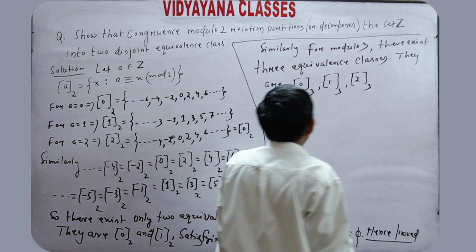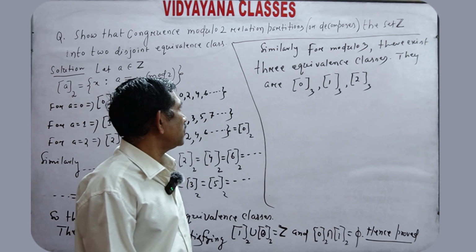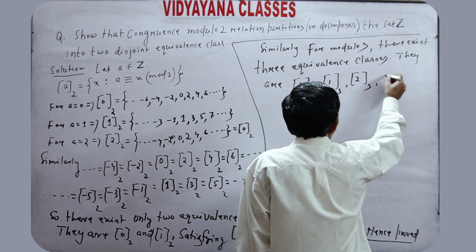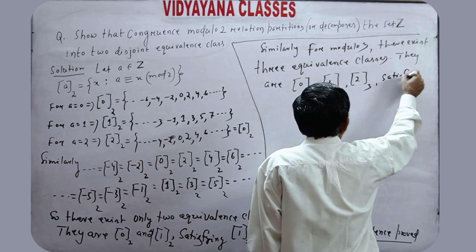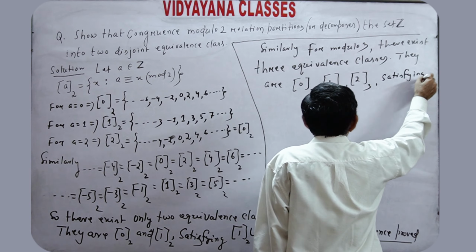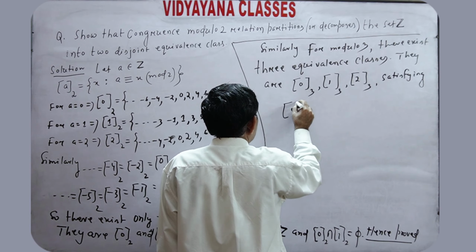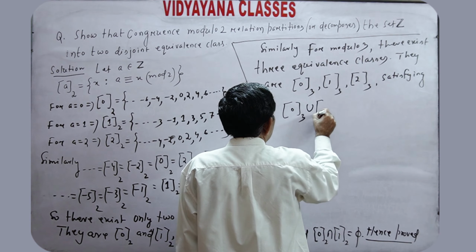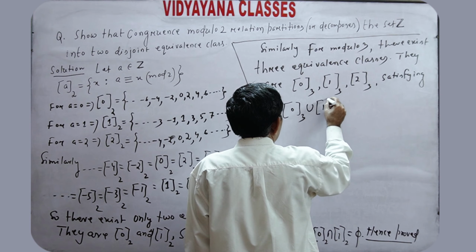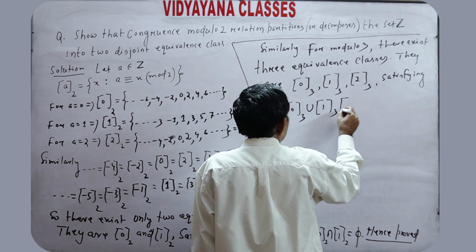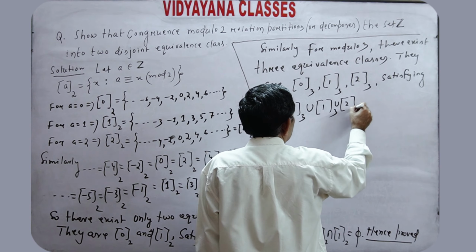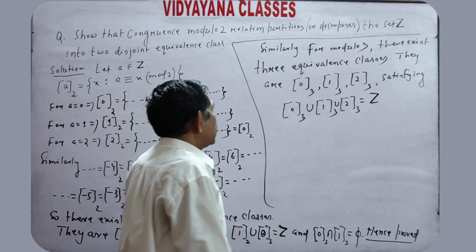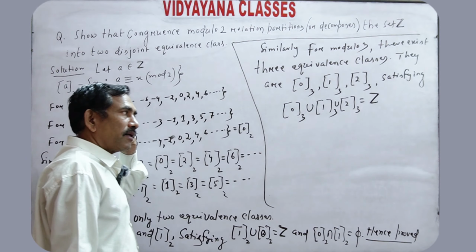And they are equivalent class of 0 modulo 3, equivalent class of 1 modulo 3, and equivalent class of 2 modulo 3, satisfying: equivalent class of 0 modulo 3 union equivalent class of 1 modulo 3 union equivalent class of 2 modulo 3 is equal to Z set. Intersection of any two is phi.